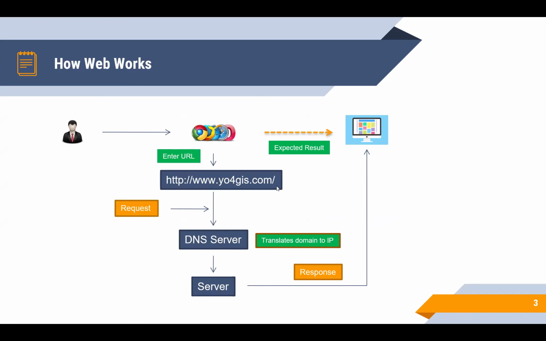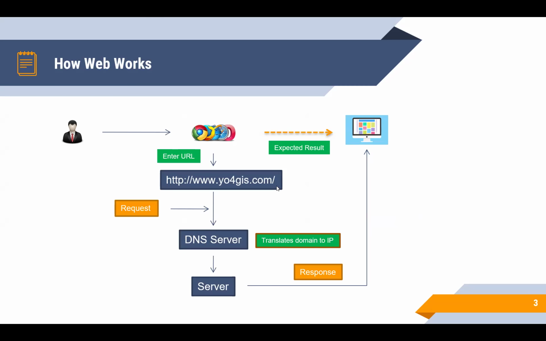Now, as I told you, when we put in any URL, how does the flow happen when we write the URL and hit it? First of all, whatever URL we hit, the request goes to the domain name server.